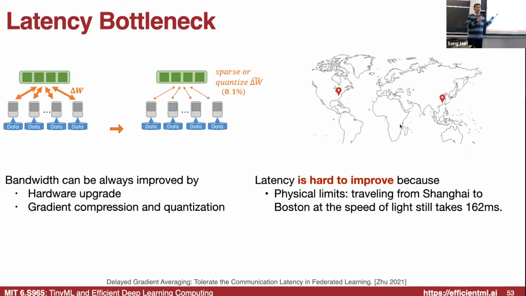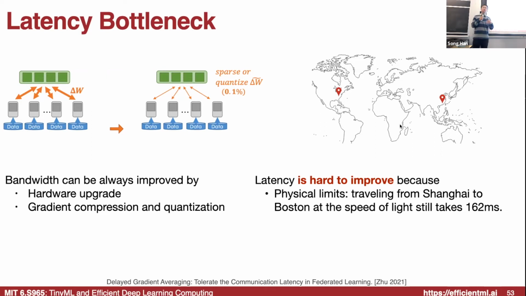Bandwidth is easier to conquer because we can always upgrade our hardware. For example, we can improve our networking card from 10 gigabit per second to 25, to 100, or even 200 gigabit per second switch, the networking switch.